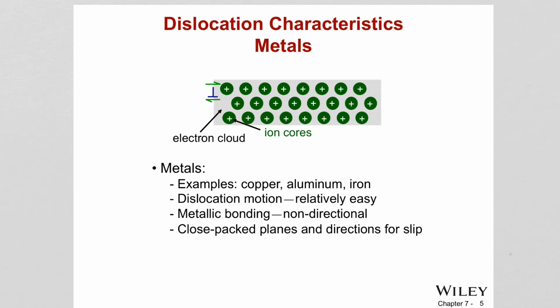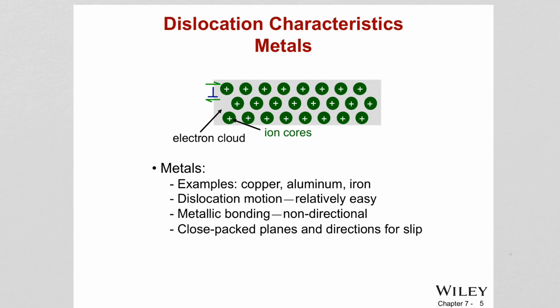Okay, in metals, because of the nature of metallic bonding, dislocations easily move because the strength of these metallic bonds is lower compared to covalent and ionic bonds, right?